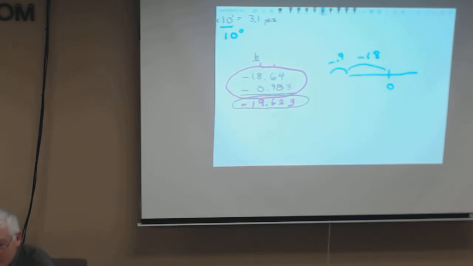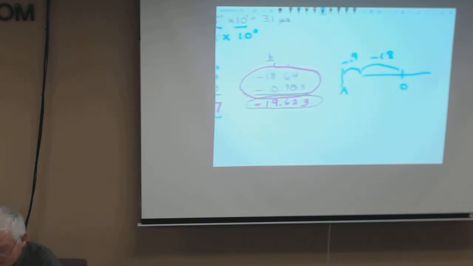You follow that? So my answer is going to be over here on the negative side, which means when I have these two negatives and I'm adding them, I'm going to end up with a negative, and then I'm just going to add the two numbers together. 3 and 4 and 8 is 12, and 7 and 9 is 16, and there it is, negative 19.623.